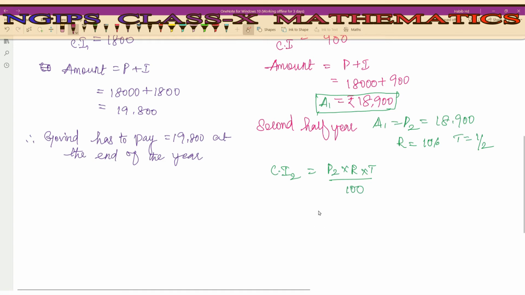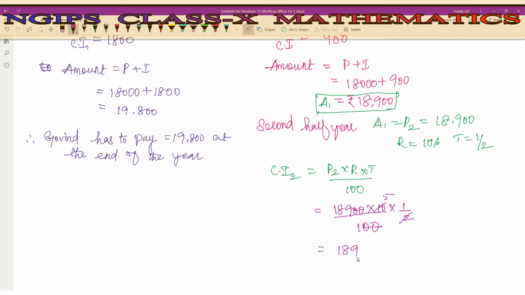So in this case we have the principal, 18,900, into 10% into the time period, half year, divided by 100. Now if you look at this, 2 zeros and 2 zeros will get cancelled. 1 2 is 2, 5 2s are 10. So the leftover here is 189 into 5.